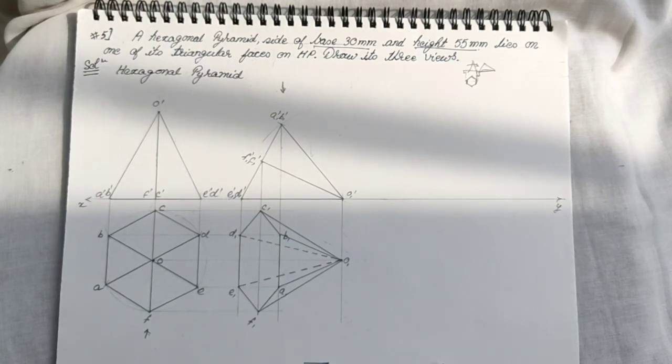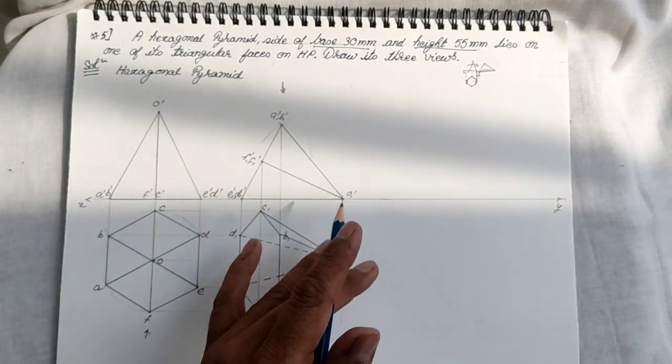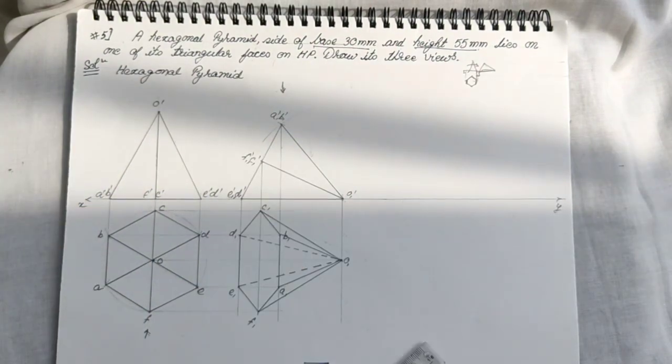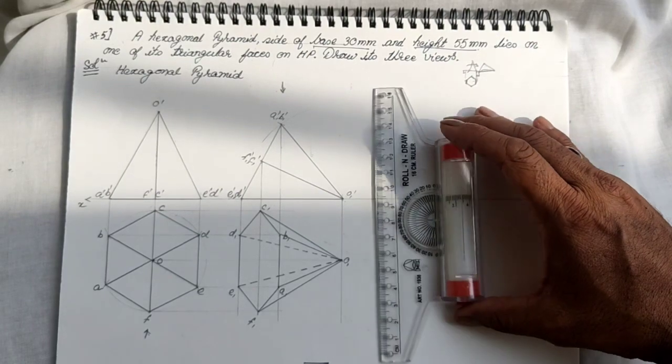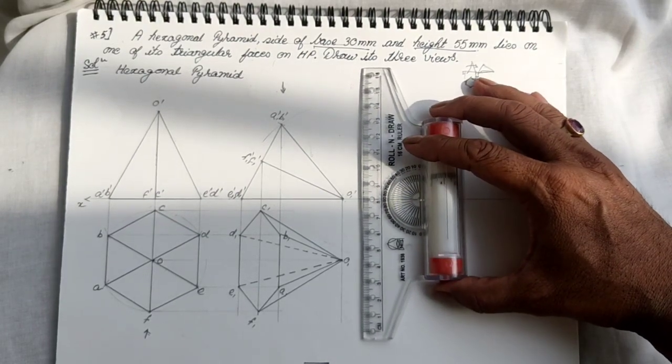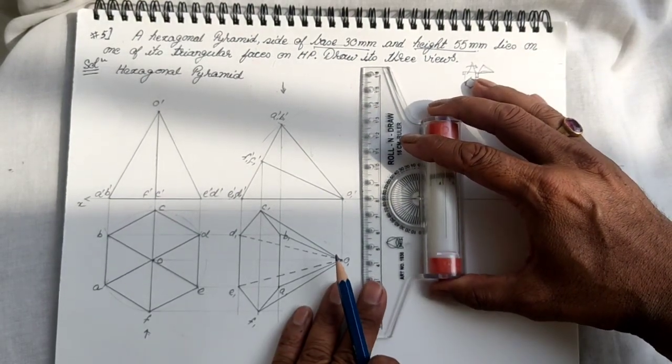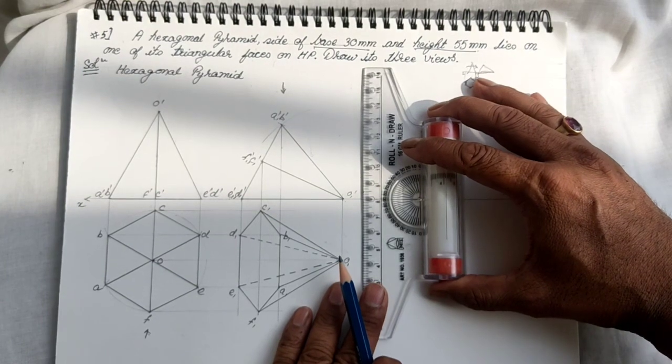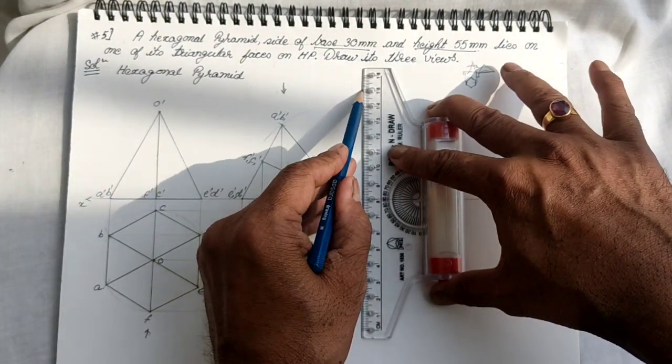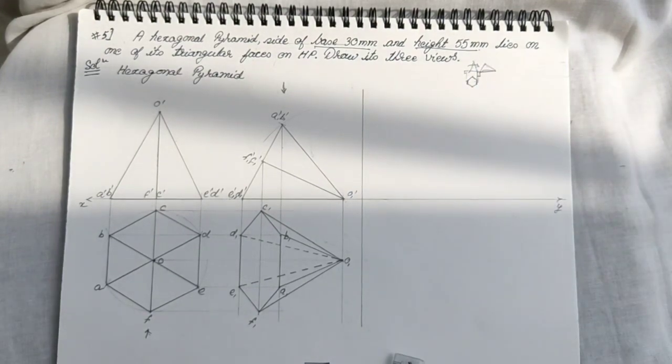Now finally we have to draw 3 views. So for 3 views, I'll have to go for the profile view or the left hand side view. So for that, first I draw the new reference line x1 y1 perpendicular to the xy.